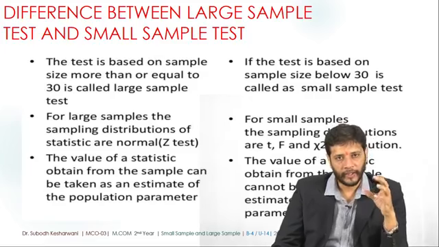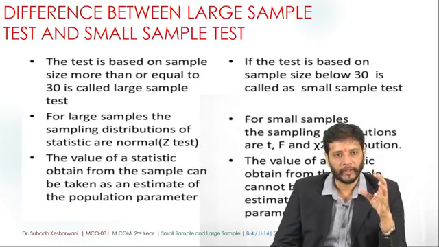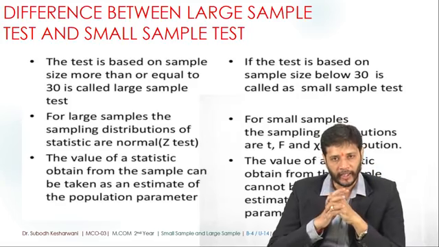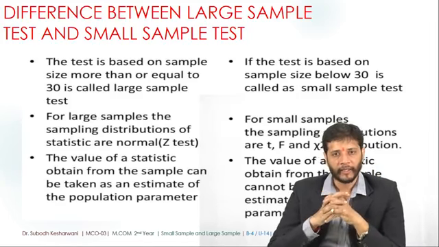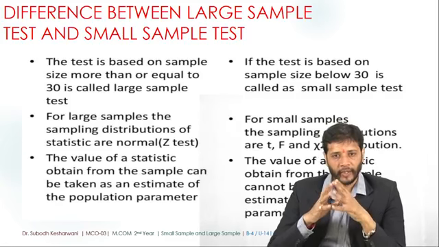So there is a difference between a large sample and a small sample. A test based on a sample size of 30 or more is called a large sample test. If the test is based on a sample size below 30, it is called a small sample test. For large samples, the sampling distribution of statistics is normal, the Z test, and for small samples, the sampling distributions are the T, F and chi-square distributions.